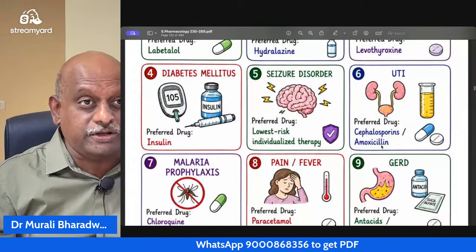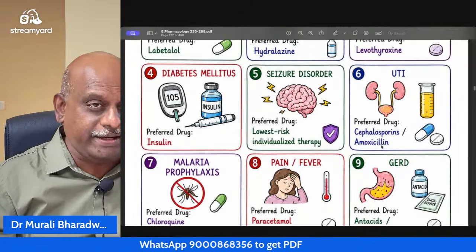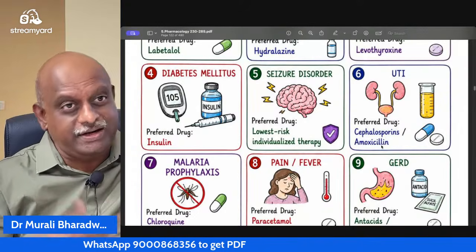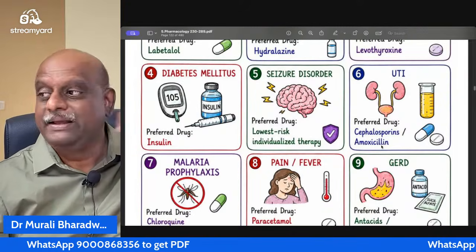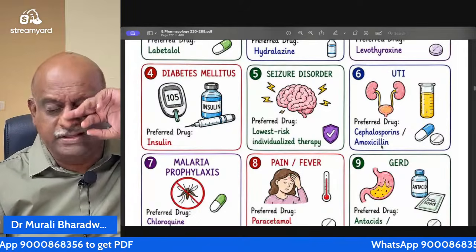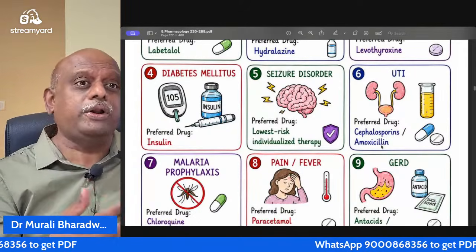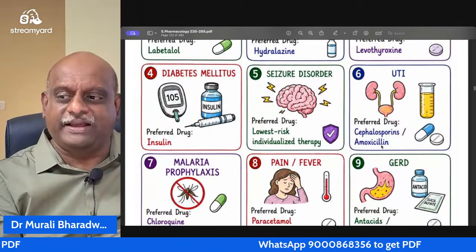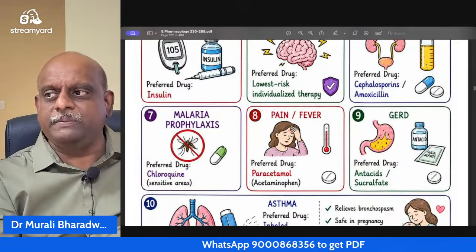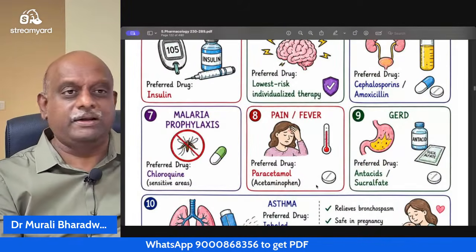Progesterone will slow down the smooth muscle of the ureter, leading to stagnation and UTI. So in pregnant women, UTI is always the challenge. Cephalosporins, amoxicillin are very safe. Chloroquine safe in pregnancy. Paracetamol.